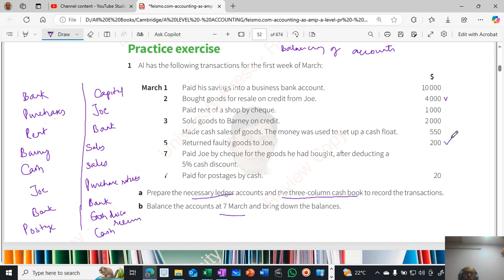So 3,800 we have to pay. With 5% cash discount, you have to deduct and pay 3,800 minus 5%.